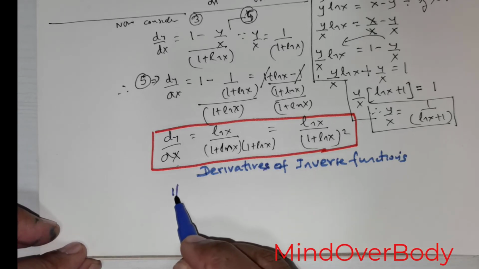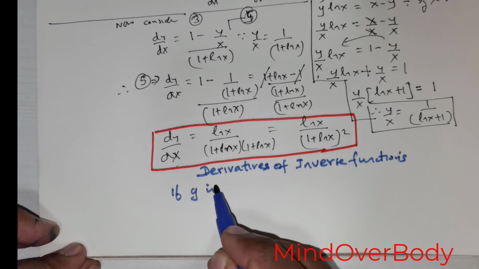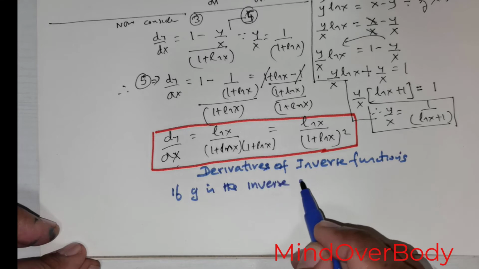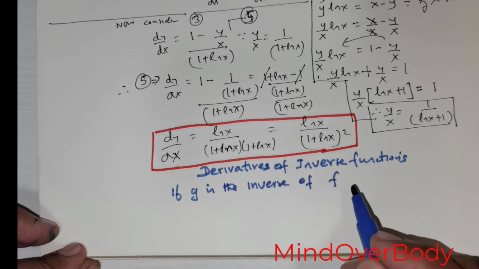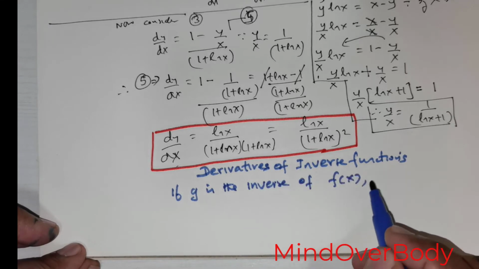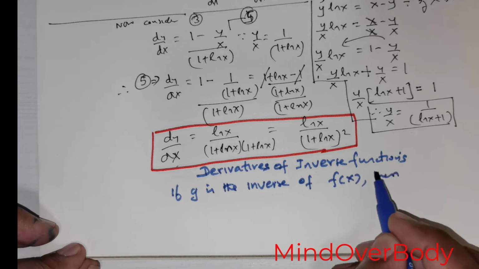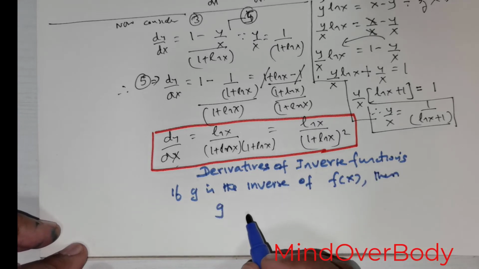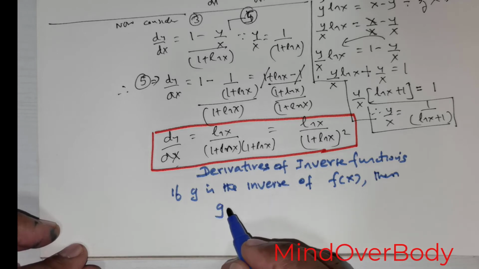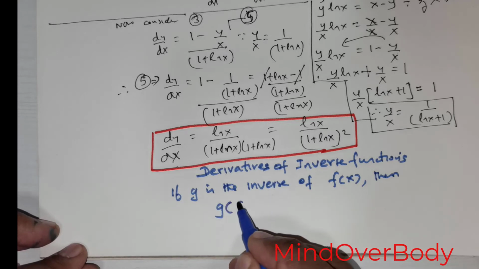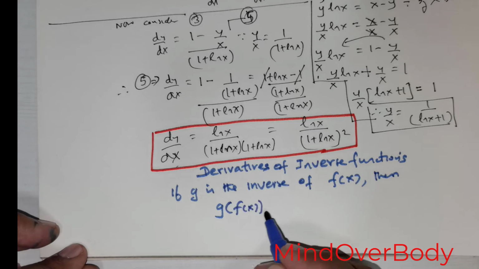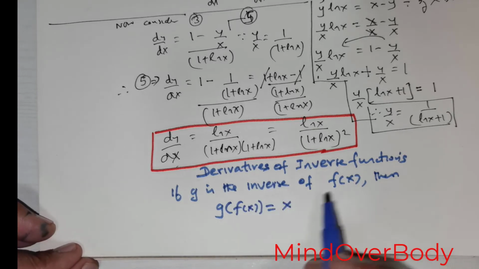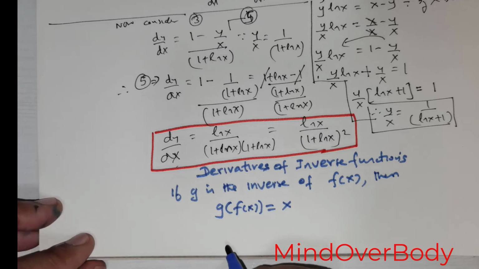Now if g is the inverse of f of x, then we can write this statement as g of f of x is equal to x, for the fact that g is the inverse of the function.